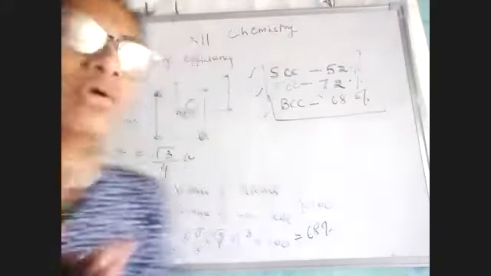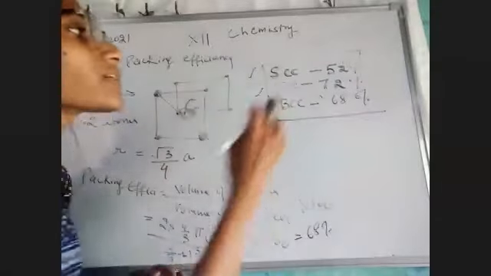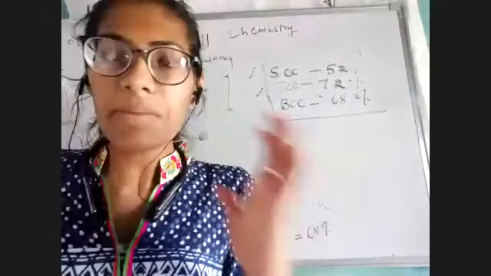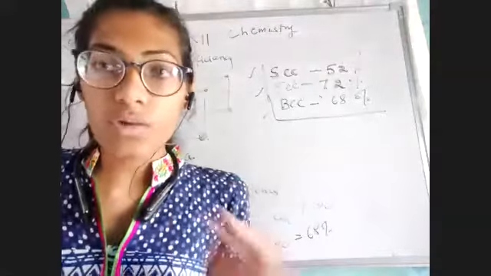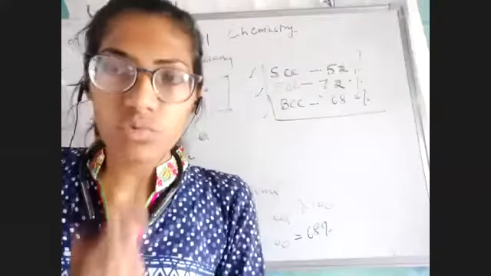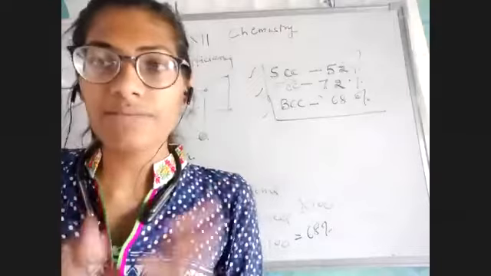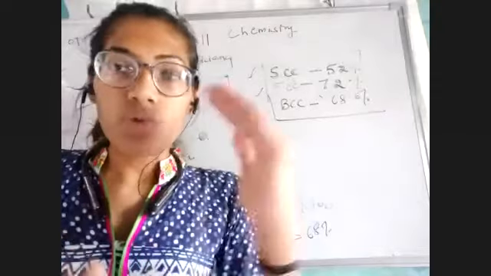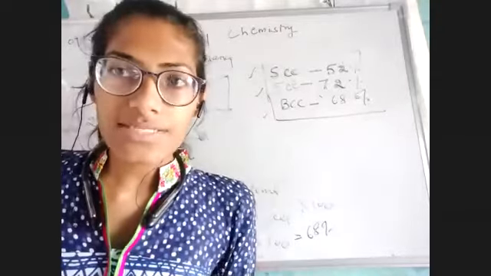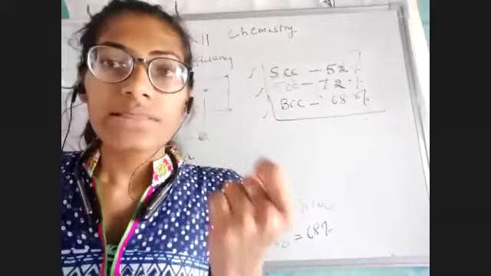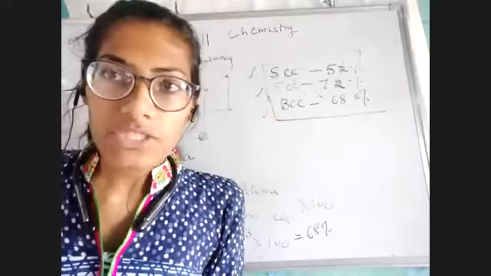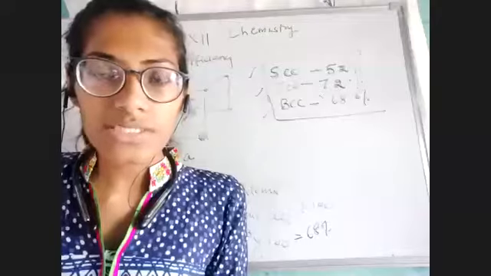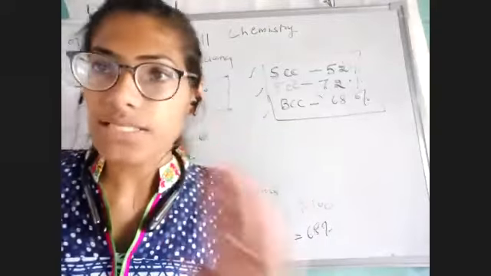We have come to know that the face centered unit cell has the maximum packing efficiency, which is almost 72.4%, almost 72%. So with these three concepts, we can easily derive that yes, the packing efficiency in the face centered unit cell is the maximum.